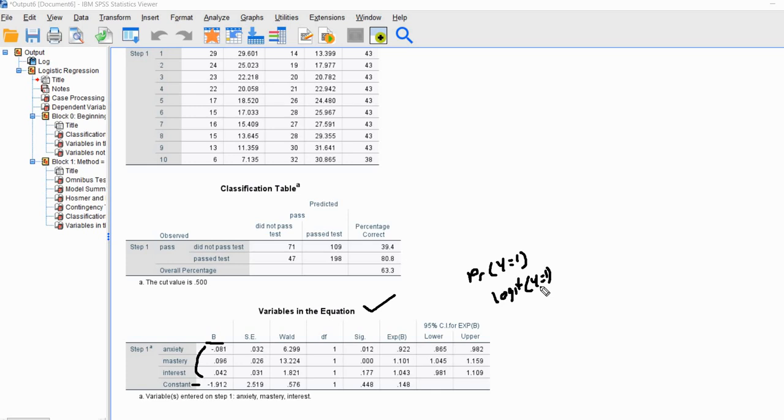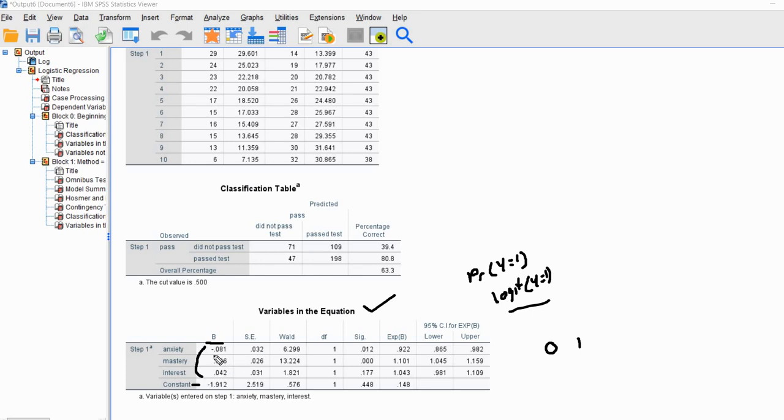I do actually unpack this a lot more in the PowerPoint, but just briefly, the reason why we are referring to logits here is because when we are trying to model the relationship between our predictors and probabilities, you have to keep in mind that probabilities are bounded at 0 and 1, and that creates an inherently nonlinear relationship between our predictor variables and the probabilities. So what we do is we transform those probabilities into logits so that we can model the linear relationship between our predictors and our outcome. So that's effectively why it matters.